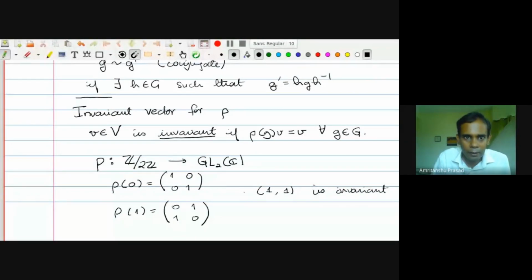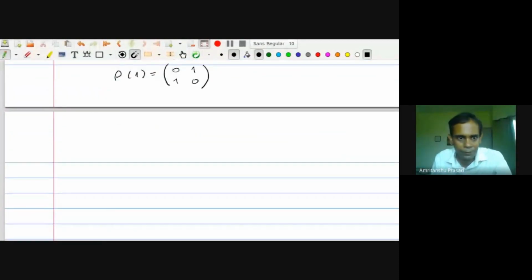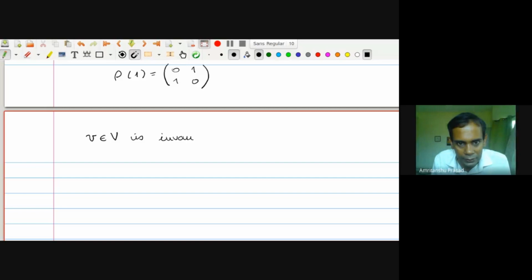Okay, so this is a very strong condition. A slightly weaker condition is just being invariant under a single element of G. So we say that v belonging to V is invariant under g if rho(g)v is equal to v, so a single element g.